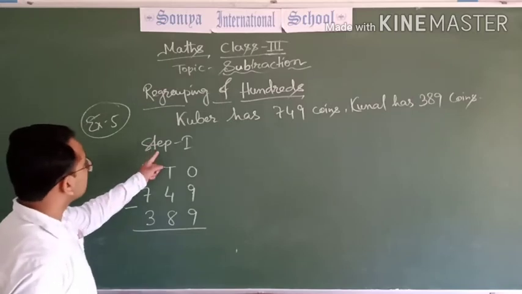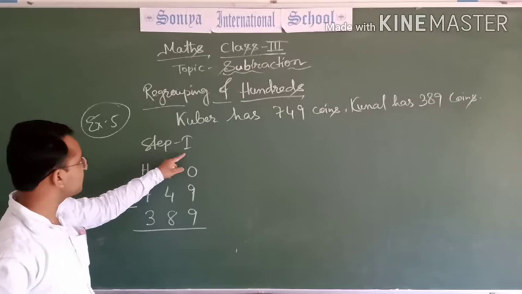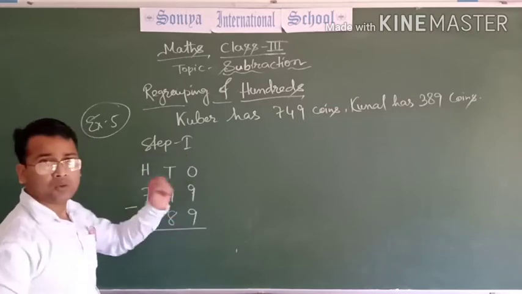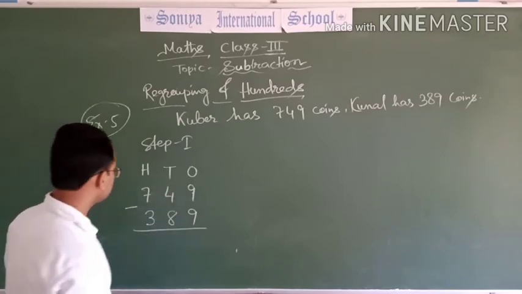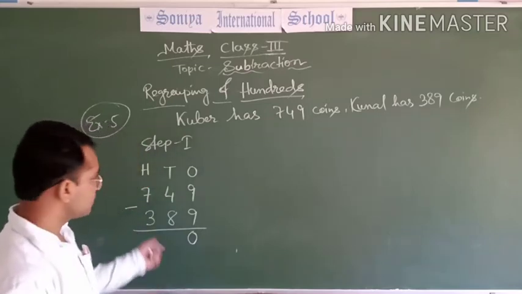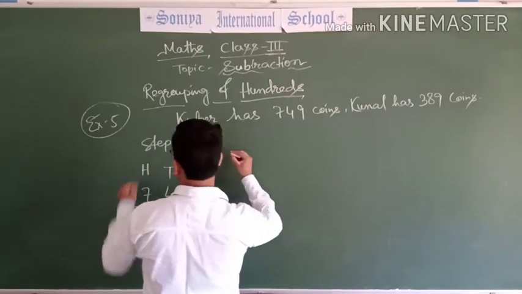When you do the first step, subtract only the ones places. So 9 take away 9 is equal to 0. So step 1 is complete.